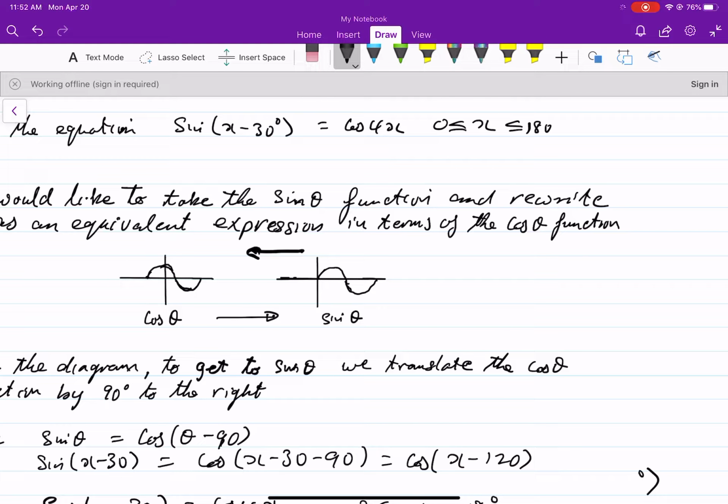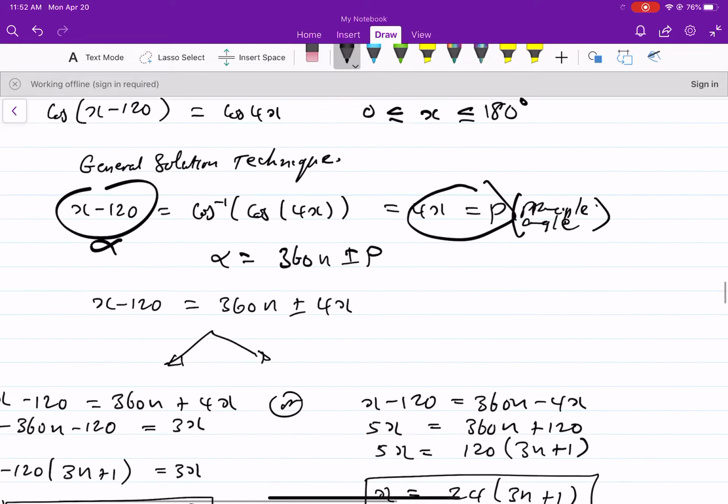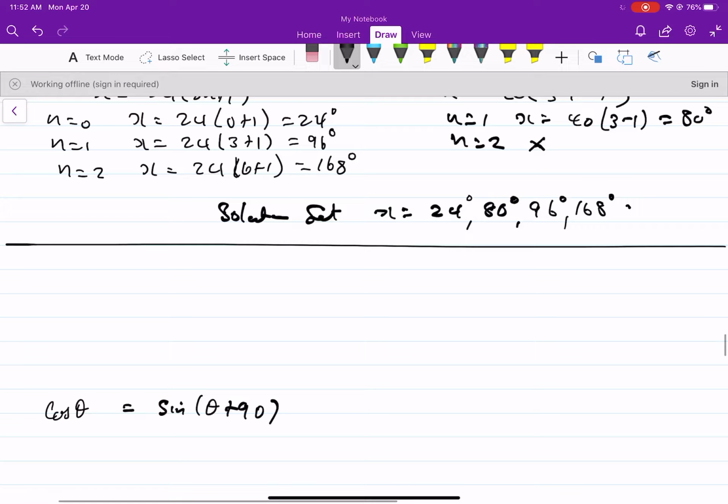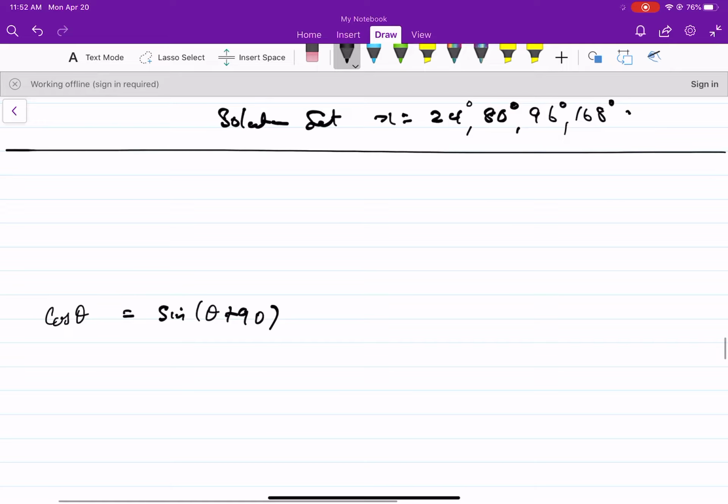Sliding it 90 degrees to the left means I add 90. So cos of theta is sine of theta plus 90. So the right-hand side of the original equation, which was cos of 4x, can now be written as sine of 4x plus 90.